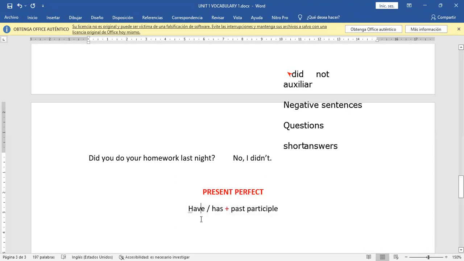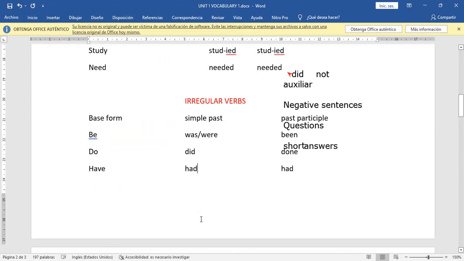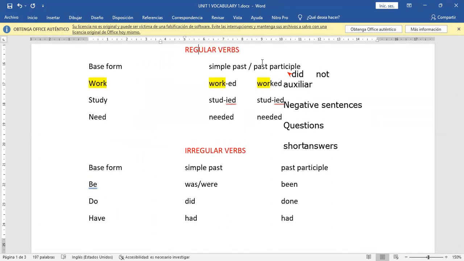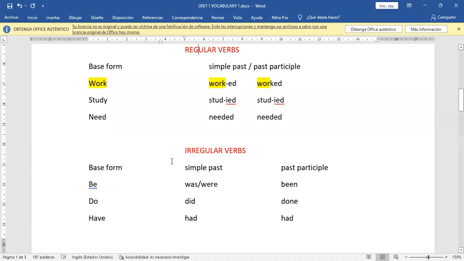You can use regular or irregular verbs. To talk about present perfect, we use regular or irregular verbs. But what do we need for these? We need the verb have, and past participle.